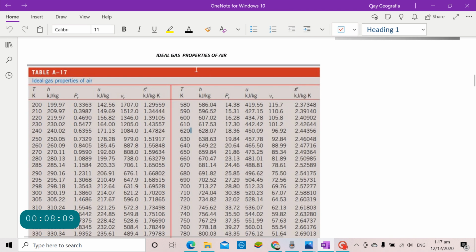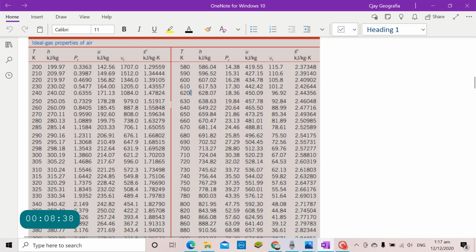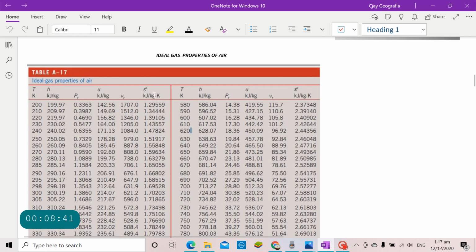So this is our table of ideal gas properties of air, which is useful because most often the Brayton cycle uses air-standard processes, or the ideal gas properties of air. For example, if there's a value of T, you can easily find the value of the pressure ratio and volume ratio.